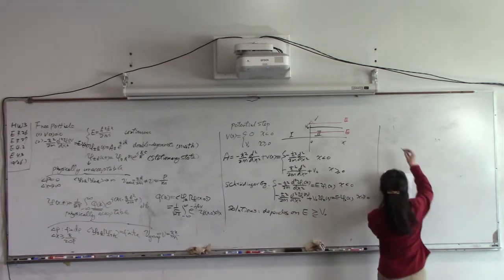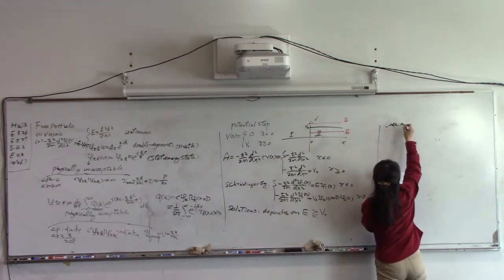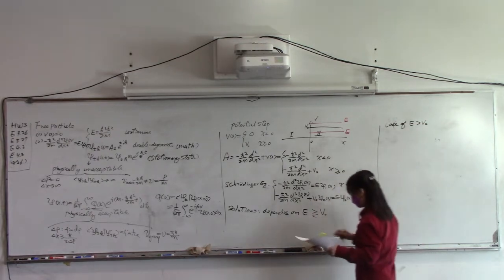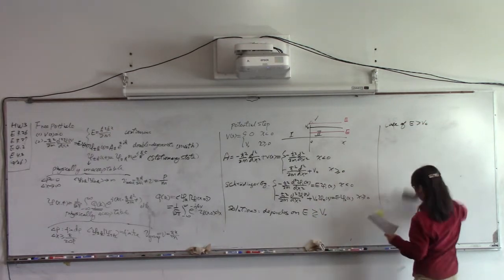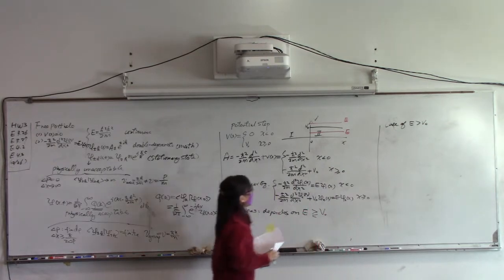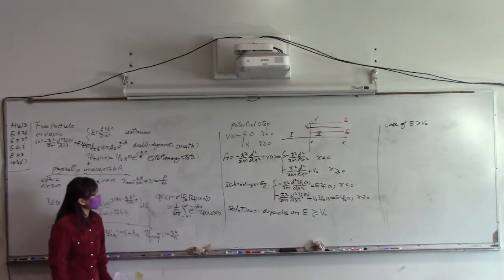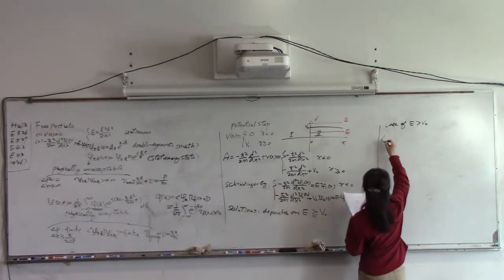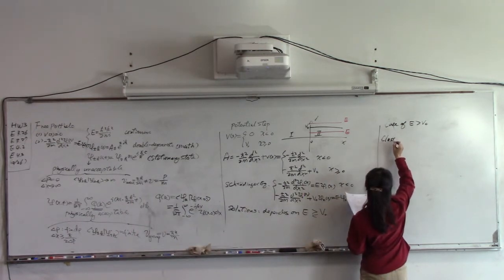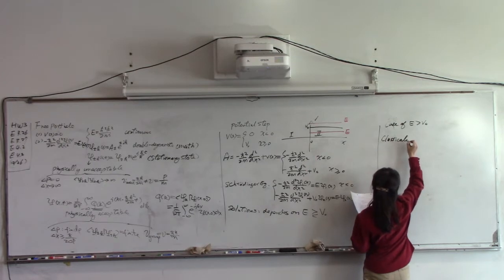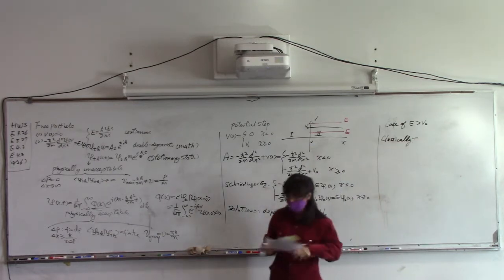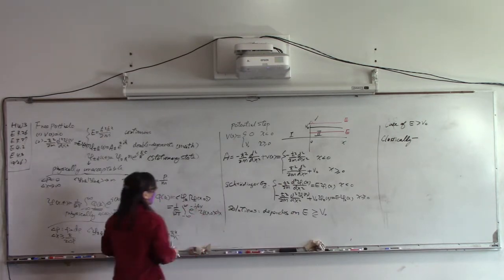Now let's discuss the case where the energy is higher than the energy step. Let's consider this case classically first: what kind of motion does the particle have?